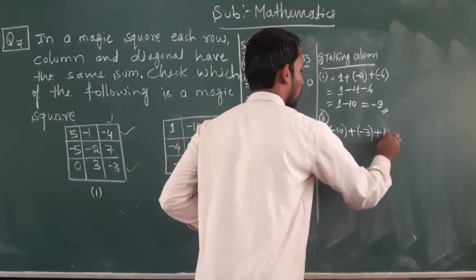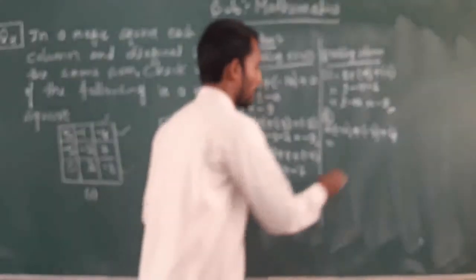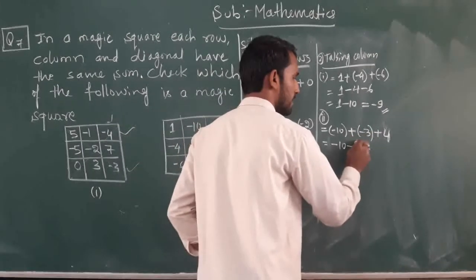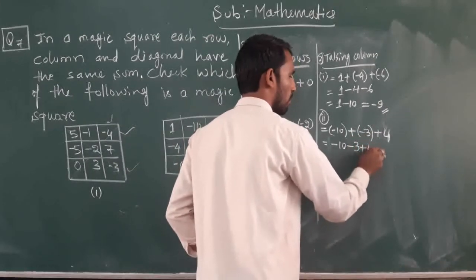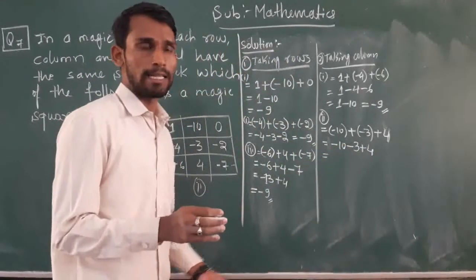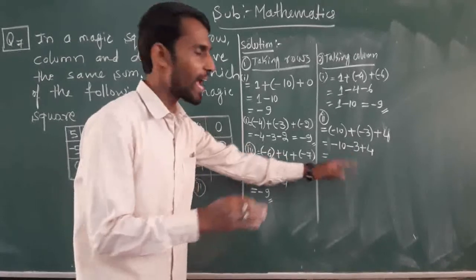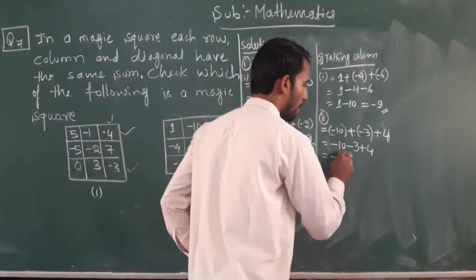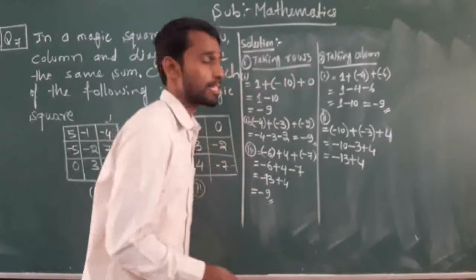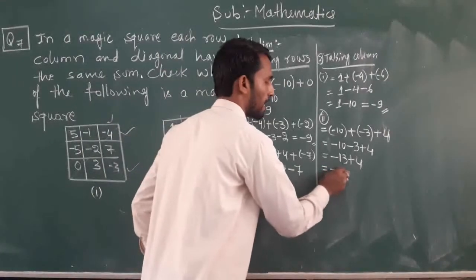Minus 10 plus into minus 3 plus 4. These two are negative integers, so we get minus 13 plus 4. When we do subtraction, again we get minus 9.